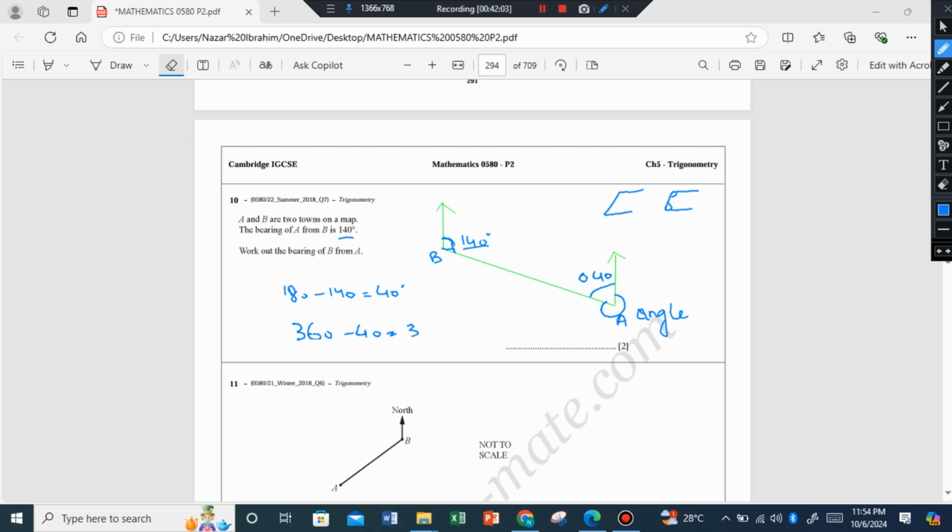I got 320, right? And this 320 is the required answer. Always remember one thing, that bearing is always written in three digits. Come on, let's move further.